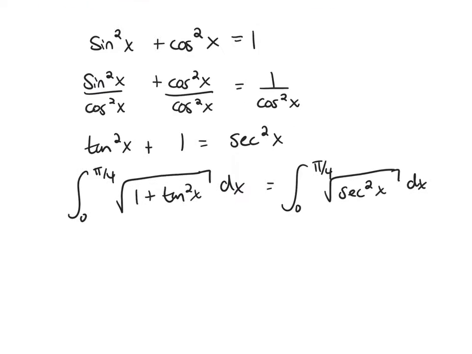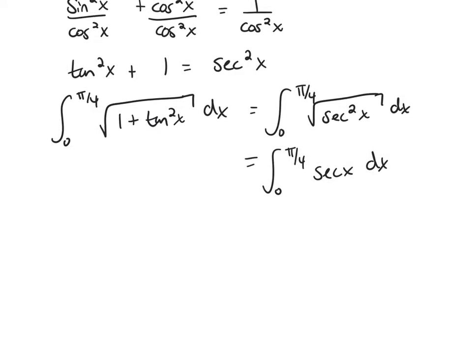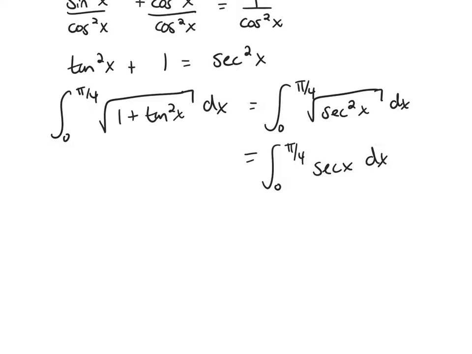And now I'm taking the square root of secant squared, I'll get secant x. And then you need to know the integral of secant x, which we talked about in our last video. This is ln, the absolute value of secant x plus tangent x from 0 to pi over 4.